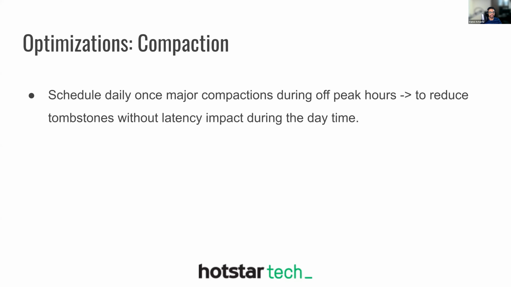The other thing we tried was, especially during an IPL match, or whenever a match is happening for a limited time period, we would not like any heavy compactions to be running during that time. So the idea was that we would run one major compaction every day during off-peak hours.